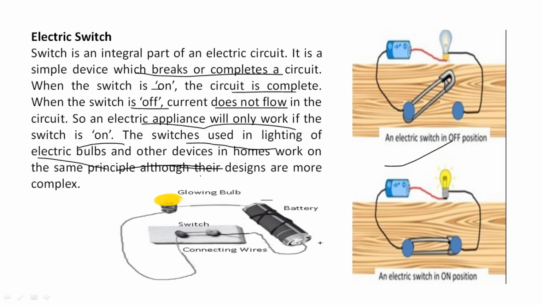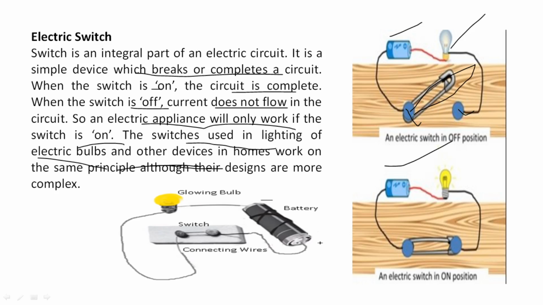So look at this setup. Here we have wires attached to two terminals of an electric cell and an electric bulb. Then here we have made a switch. This is a metal, and here we have attached a safety pin.